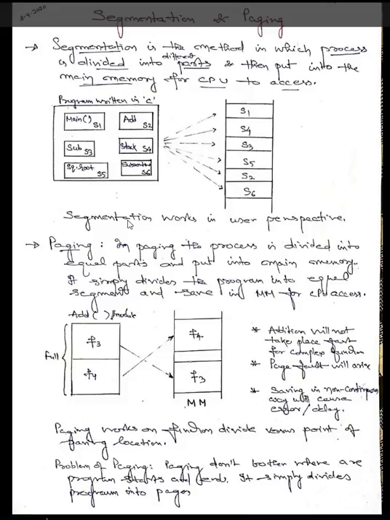So in segmentation the process is divided into various parts and placed in different locations. On the other hand, in paging, the process is divided into equal parts and put into the main memory. It simply divides the program into equal segments and saves them in the main memory for the CPU to access. That means if this is program C, the entire program is divided into equal blocks.